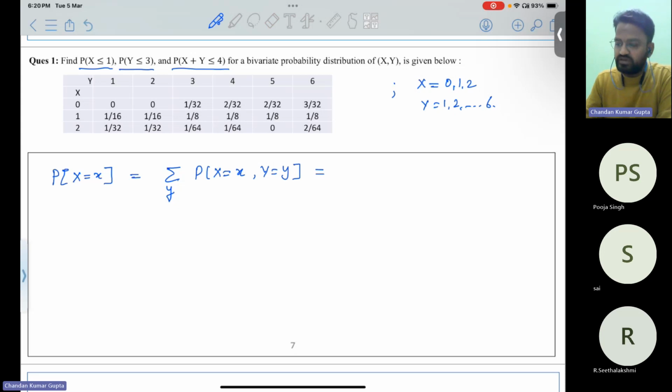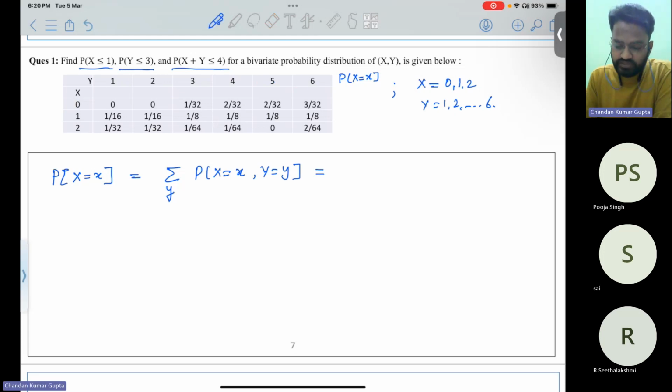So from here we calculate for y equal to 1, 2, 3, 4, 5 and 6, and from this table we evaluate it, because these are the values of x for which all values of y are given, and then we take the summation.